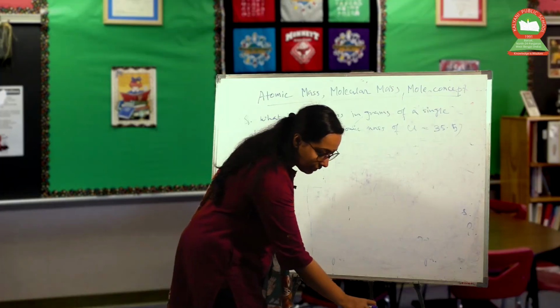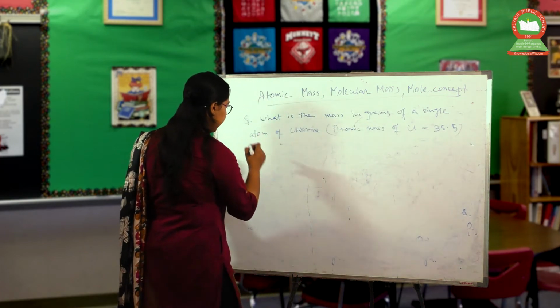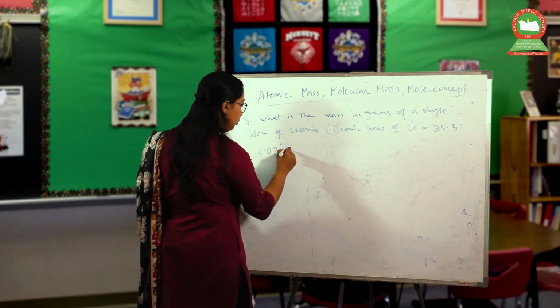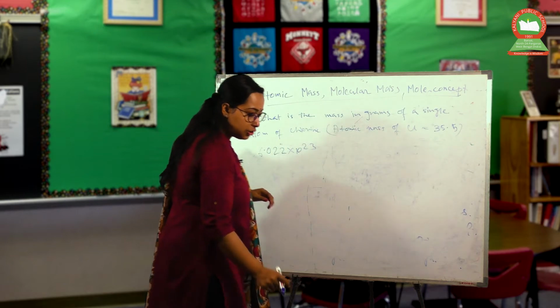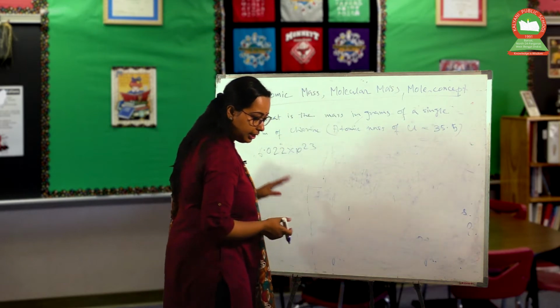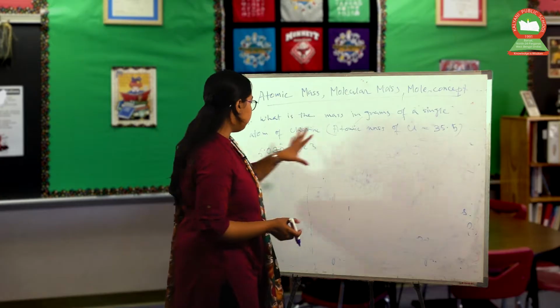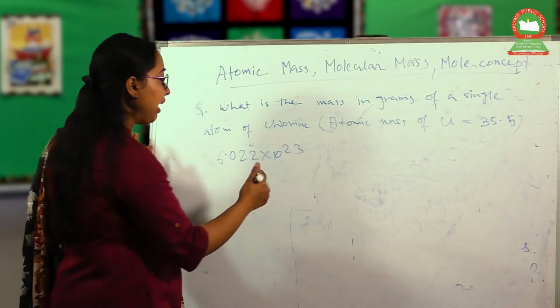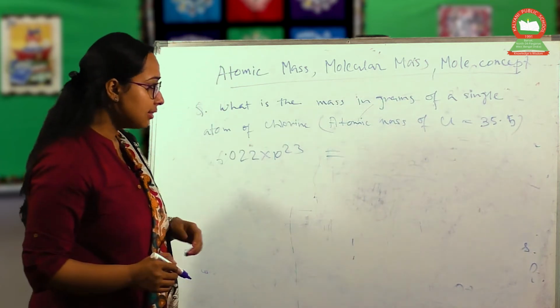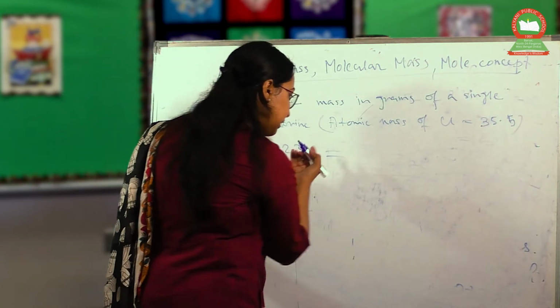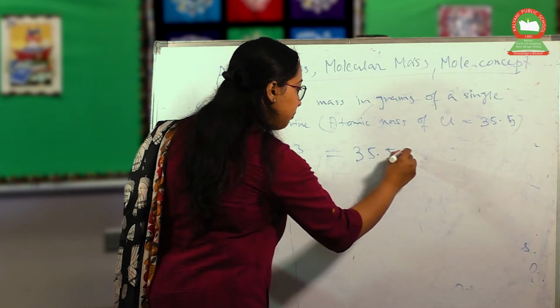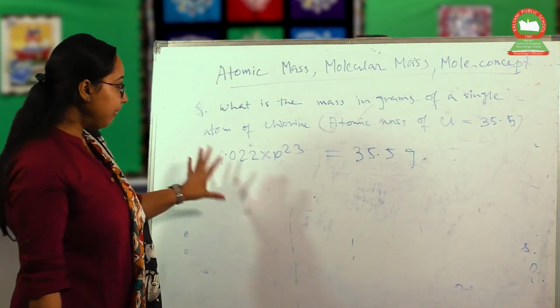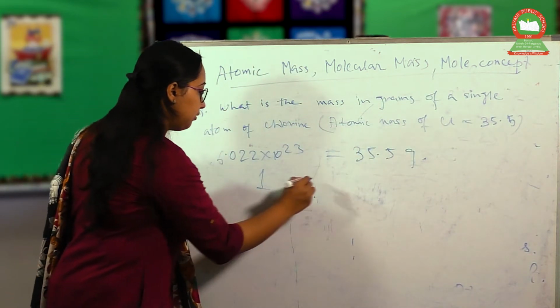Mass in grams, right? So first of all, that equation: 6.022 × 10^23. Single atom means 6.022 × 10^23 atoms have how much mass? That is 1 mole, as well as 35.5 gram. So we have to calculate for 1.